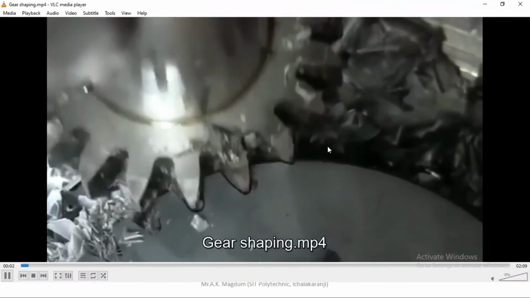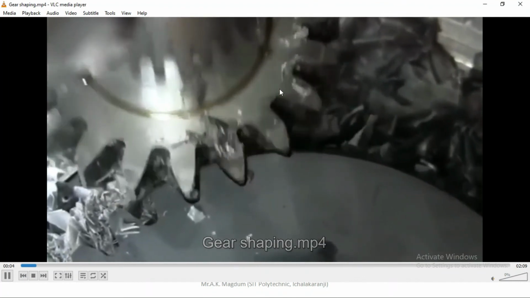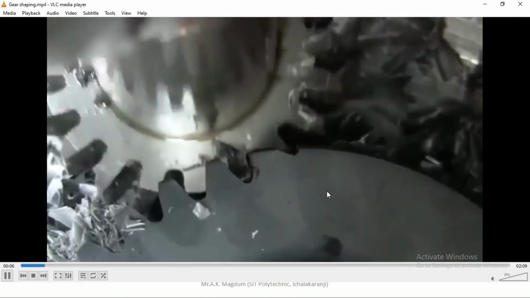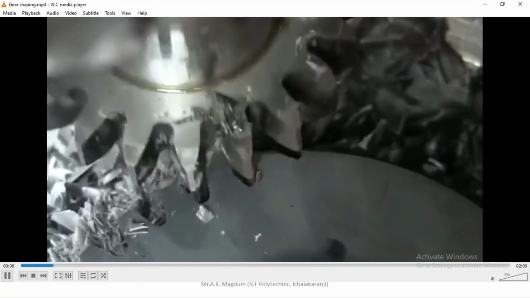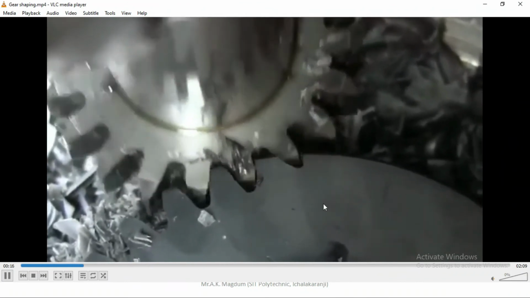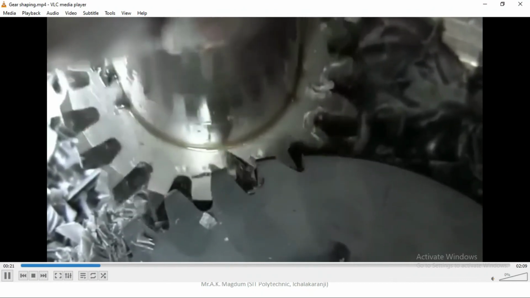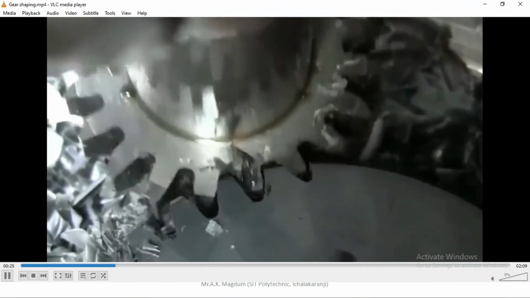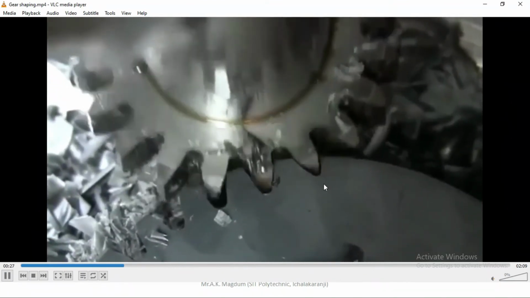In this video, this one is the pinion cutter and this one is the gear blank. This pinion cutter continuously reciprocates on a vertical axis, and at the same time the gear blank indexes slowly after the depth of teeth is produced, towards that reciprocating pinion cutter, and we easily produce the gear teeth over the gear blank surface.